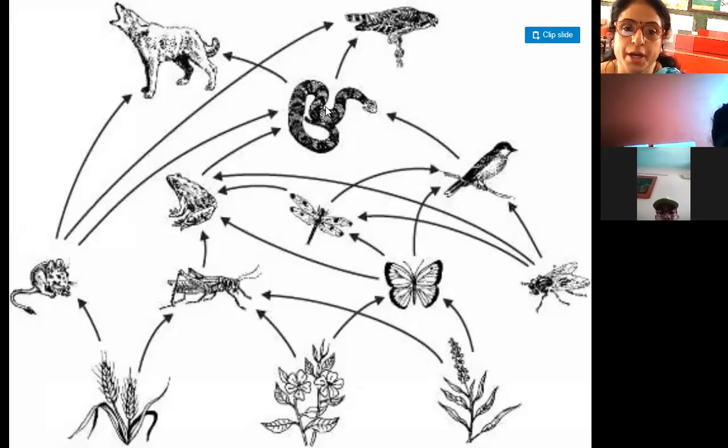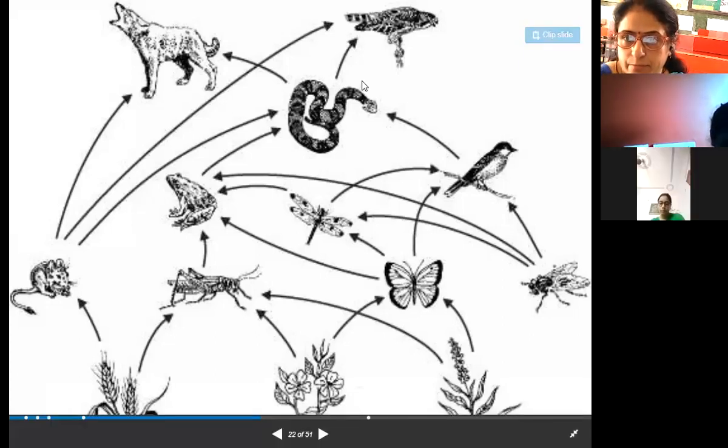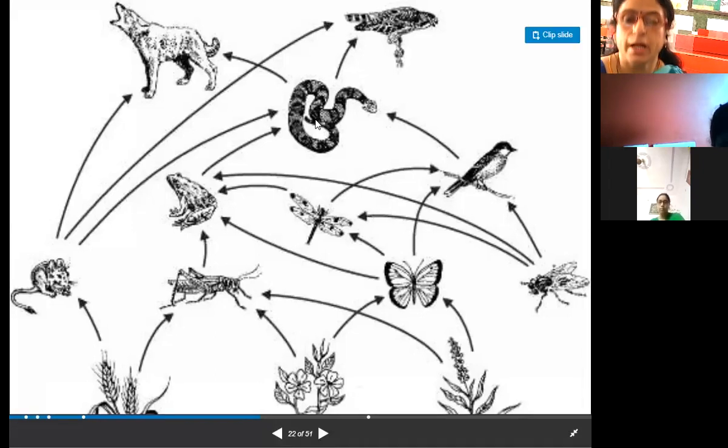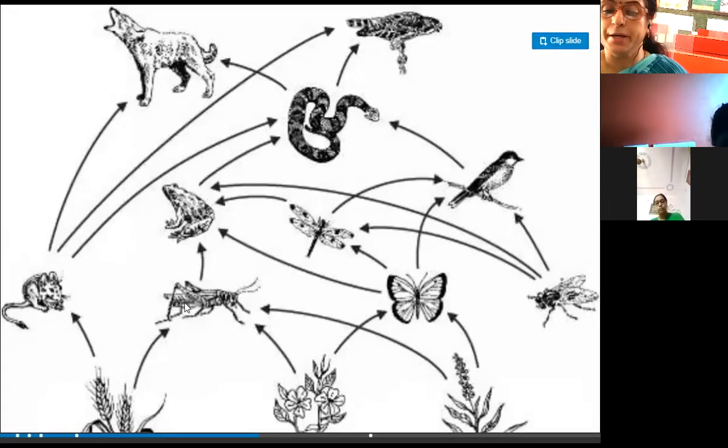All the food chains in a community form a network. Grass will be eaten by grasshopper, grasshopper will be eaten by frog, and frog in turn can eat snakes. And snakes are sometimes the top carnivore. Is it clear?